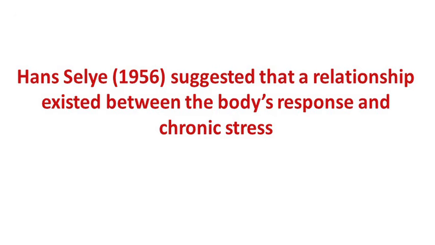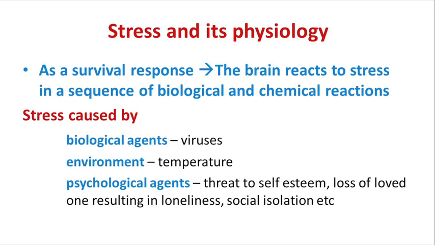of the body. So, when we are talking about the brain and stress, we must understand that the brain reacts to stress in a series of neural and chemical reactions that are meant for physical survival.